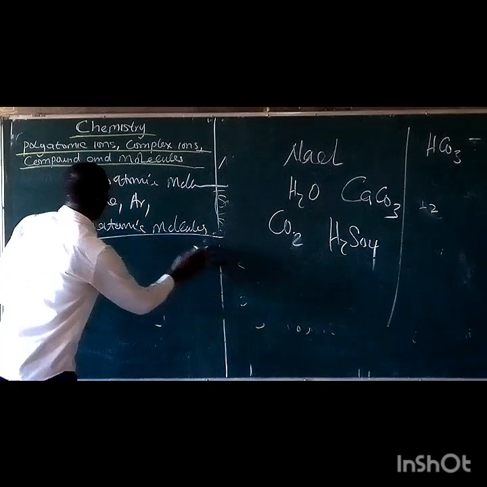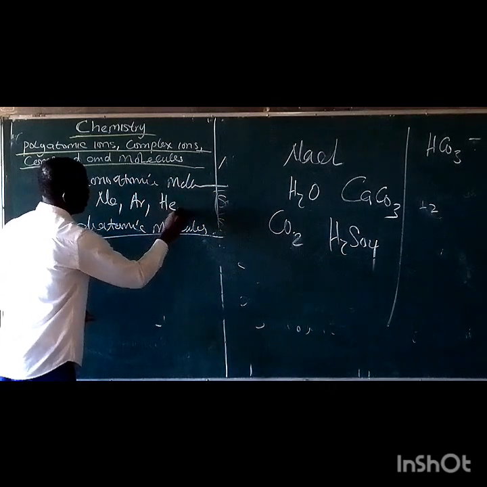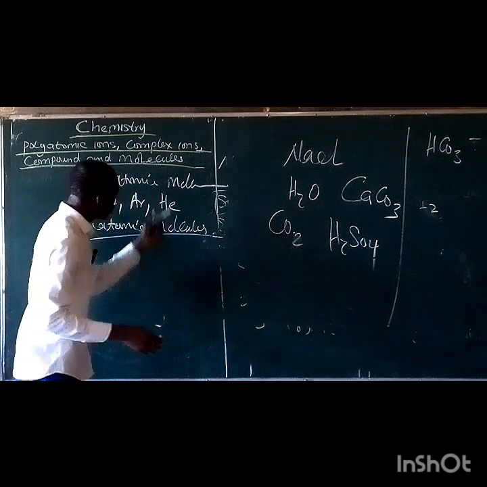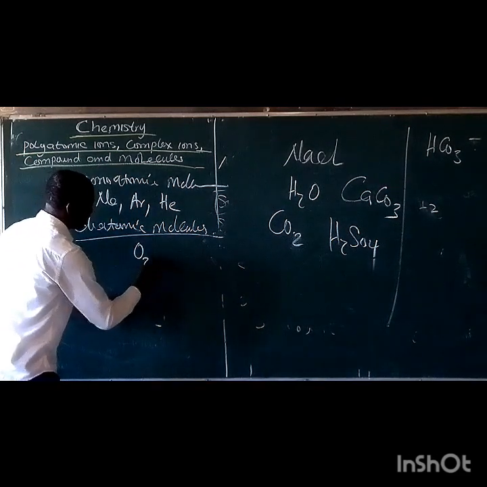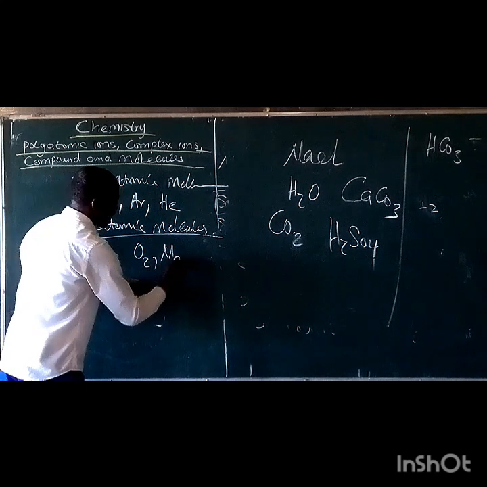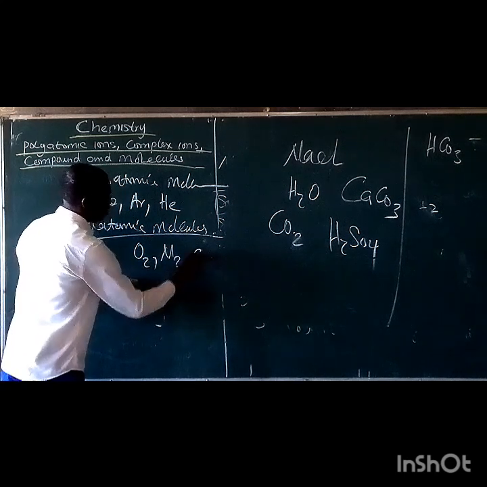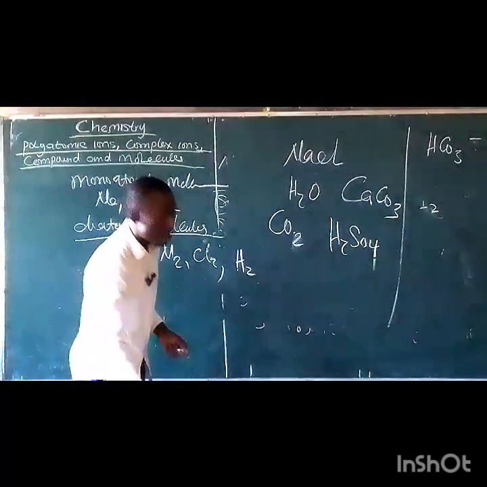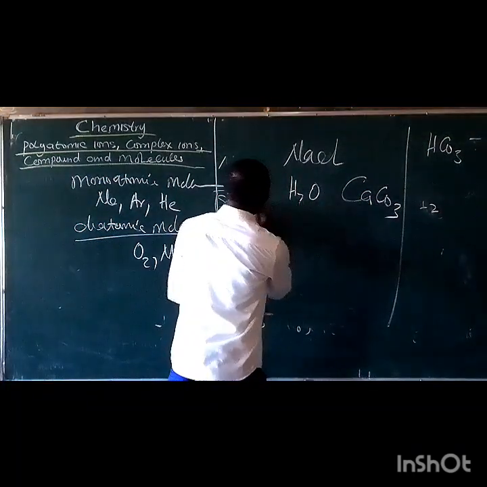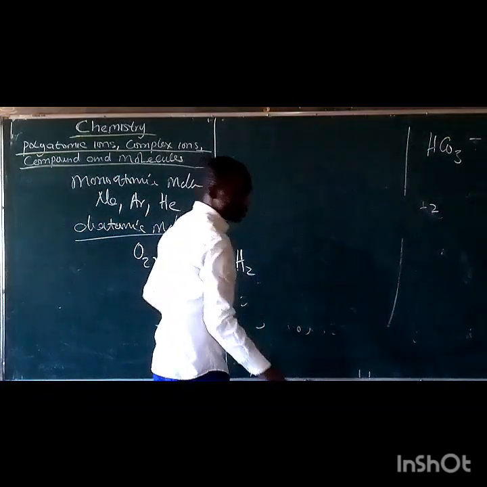Helium is also monatomic. Diatomic molecules: oxygen is diatomic, nitrogen is diatomic, chlorine is diatomic, hydrogen is diatomic. Now, what makes them diatomic?